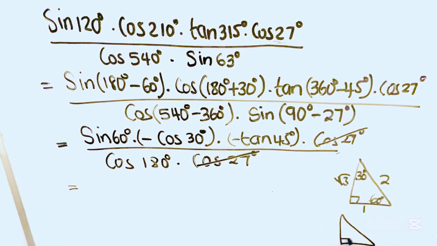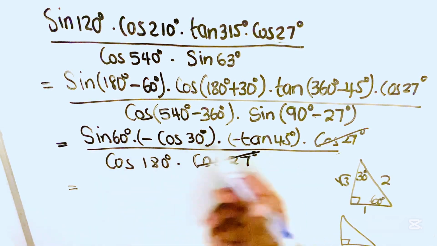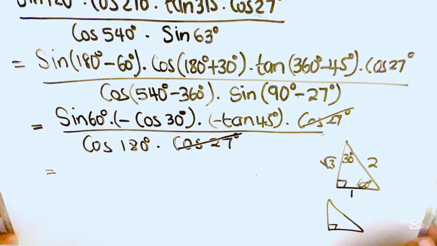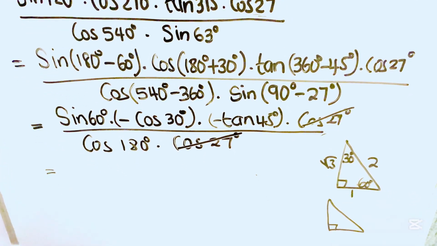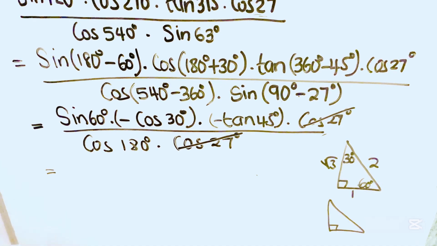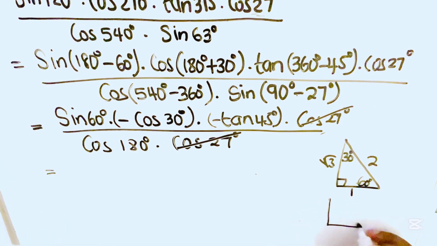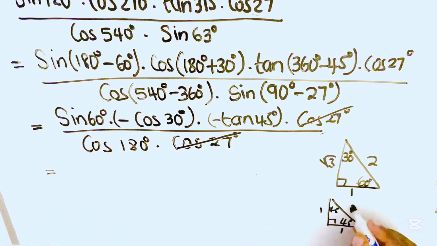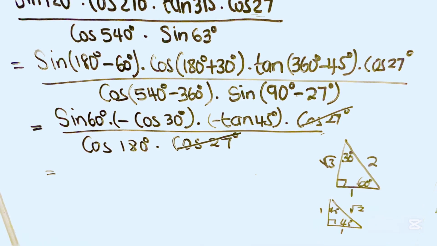I know you can press these angles into the calculator, but for now I just want us to know how to do it without using a calculator. I have the angle of 45 degrees, which is an isosceles triangle, two sides equal, the third will be root 2.